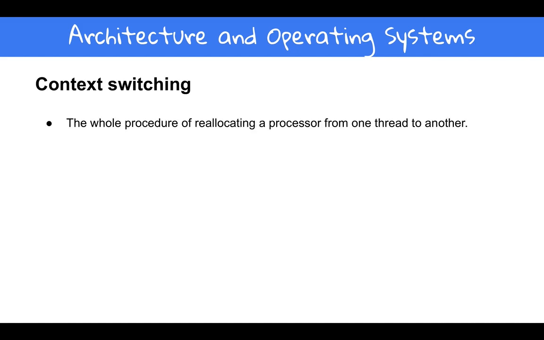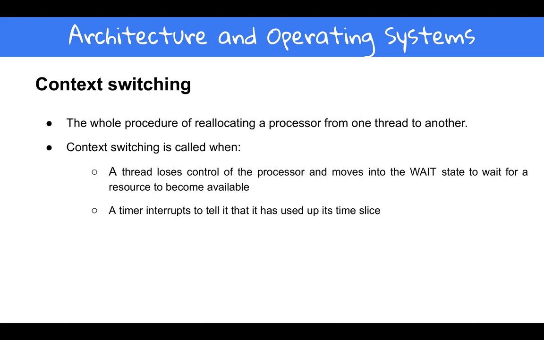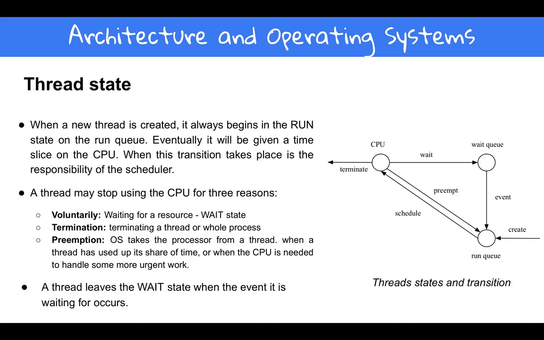So I was talking about this wait and run. This is context switching, which is important. It is the whole procedure of reallocating a processor from one thread to another. Context switching is called when a thread loses control of the processor and moves into the wait state to wait for a resource to become available. When something comes here but needs an event to occur, it goes to the wait queue.